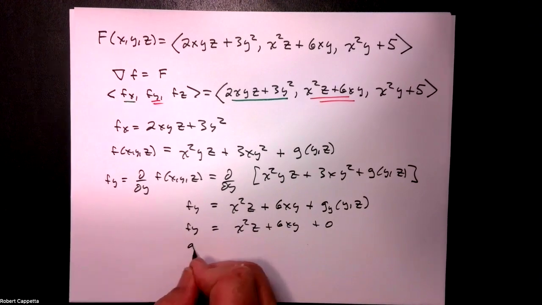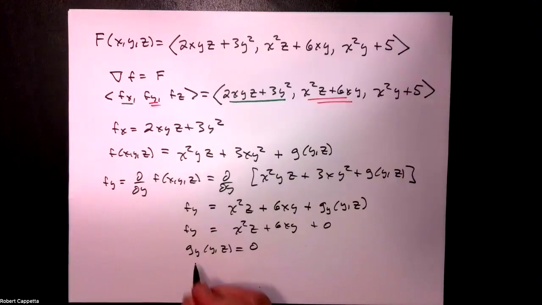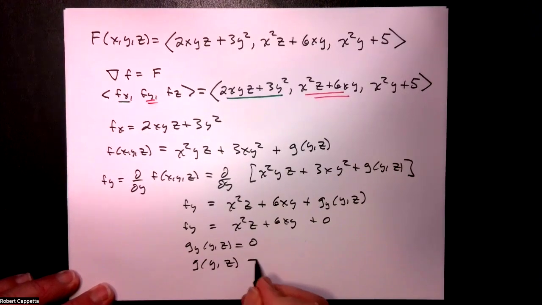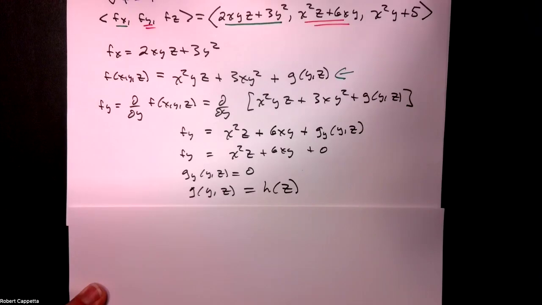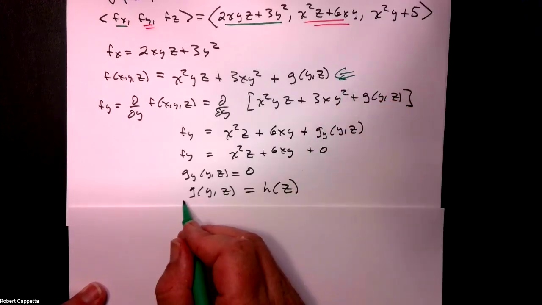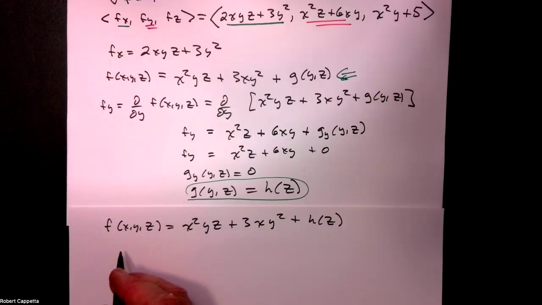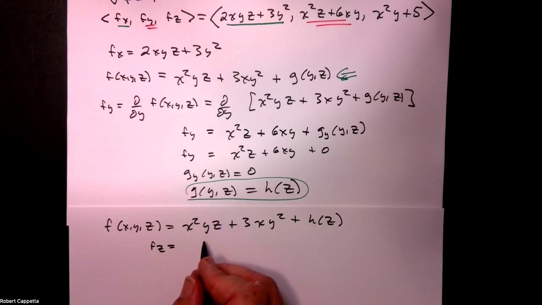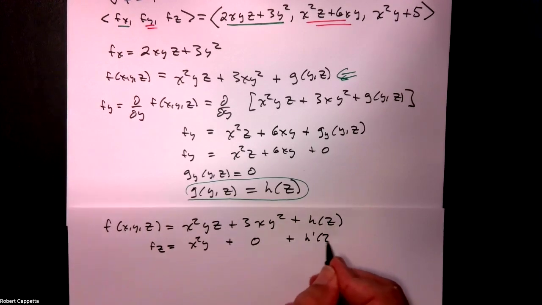So if g sub y of y, z is 0, what does that mean? That means g of y, z is just a function of z. g of y, z is some function h of z. So let's try to find that. Focusing on this line and substituting g of y, z equals h of z, we can rewrite what f of x, y, z is. Then we can take a look at the partial with respect to z of f. What would f sub z be? Well, that would be x squared y plus 0 plus h prime of z.